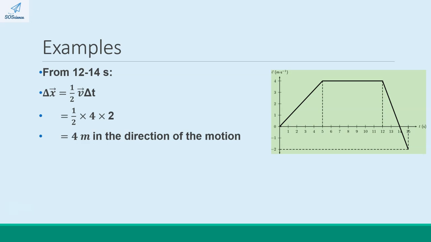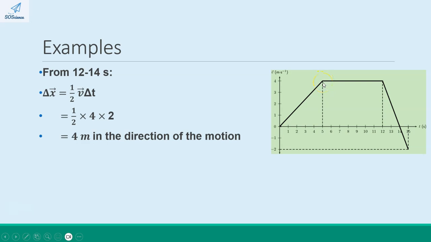Now, let's just note something very important here for a velocity time graph. If we have our graph in the first quadrant, that always means the positive direction. What we have here is an object that starts off stationary at 0 meters per second and it speeds up to 4 meters per second.